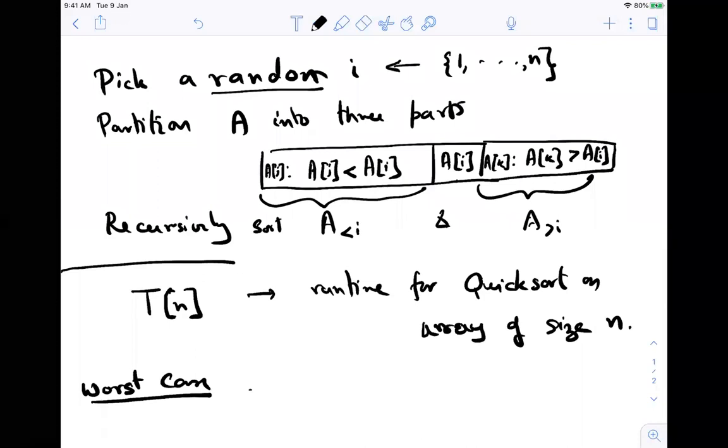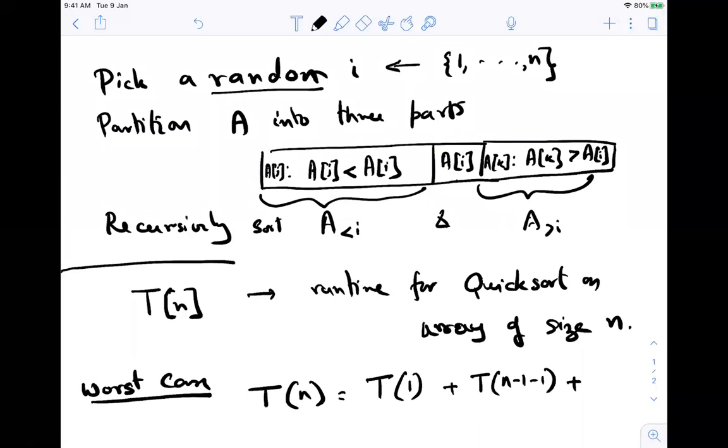So in the worst case, all you can say is that T(n) equals T(1), because one side is 1, plus T(n minus 1 minus 1), which is T(2). And of course, we have to partition them. We have not gone into the details of how you do the partition, but this is order n.